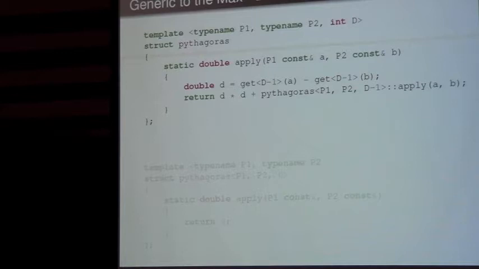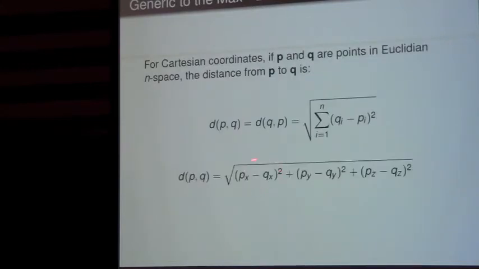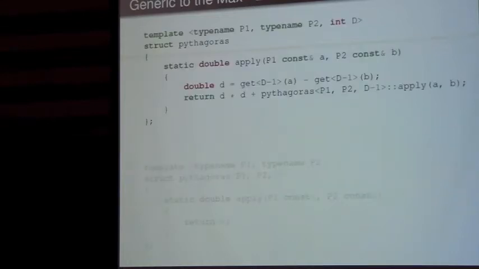It's going to do that for B also, and then it's going to square D, and then it's going to recurse down for D minus 1, and do the same thing. So it's going to do this, right? The difference squared plus the difference squared plus the difference squared, square root up. So we're getting this part down.